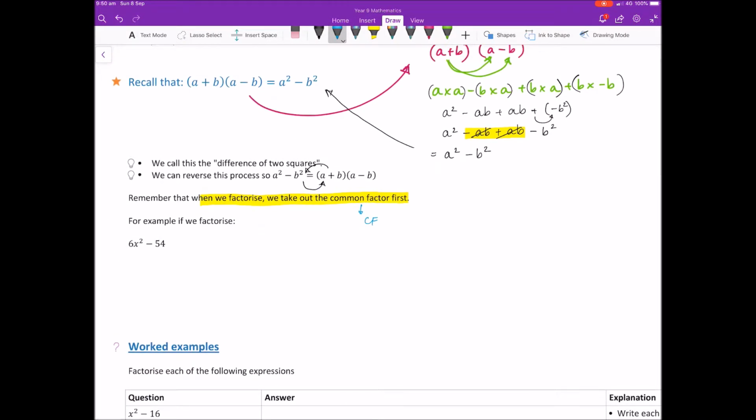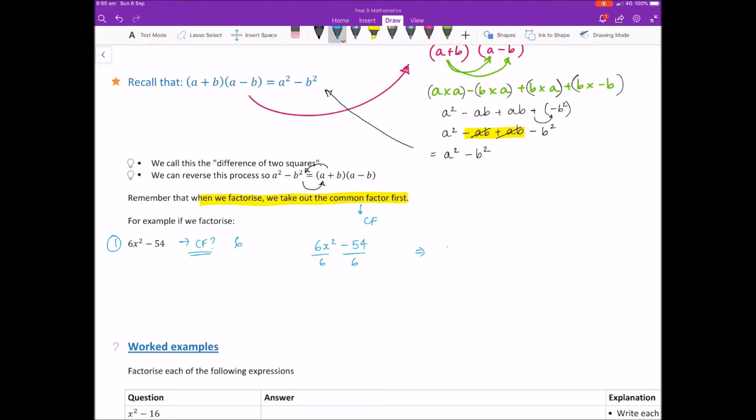So if we look at the first example here, we've been given an expression that says 6x squared minus 54. Can we identify a common factor? The answer is yes, it's 6. Recall that if we've got a common factor, we divide every single term in the expression by that common factor.